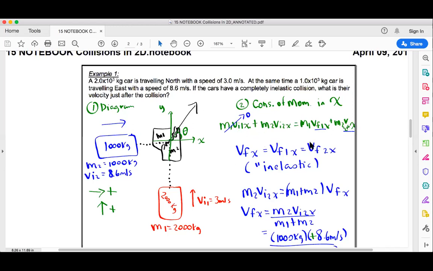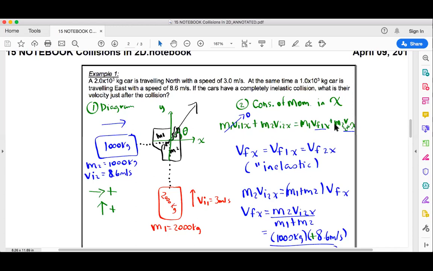Thankfully, why does this term cancel to zero? We do not have any vertical, or sorry, which one is this one? This one is M1. We don't have any horizontal component of velocity for it. VI1X is zero. So that whole term cancels out.